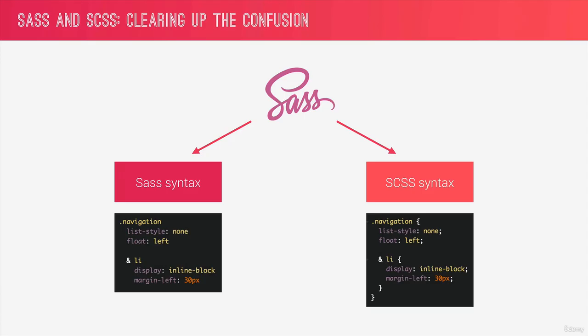The Sass syntax is indentation sensitive and doesn't use any curly braces and semicolons, as you see here on the left side. However, I find this syntax a bit confusing, and I find it also more difficult to learn, and also more difficult to convert original CSS projects to Sass with the syntax. And that's why I prefer the SCSS syntax, which preserves the way that original CSS looks like. And that's why SCSS is what we're going to use in the rest of this course.